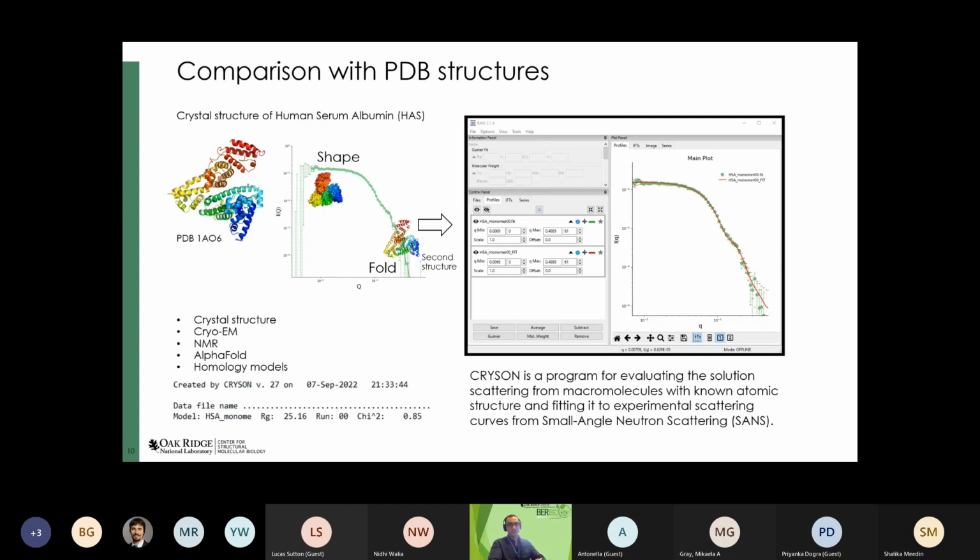There are ways to model just flexibility, allowing regions to be flexible, and you can adjust the high Q. And here I'm already loading in RAW the fitting of the HSA using CRYSOL.